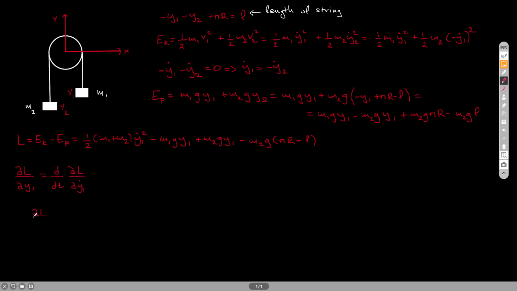And I'm going to find those two partial derivatives first. That term is not dependent on y1. These two are dependent on y1. That's a constant anyway.